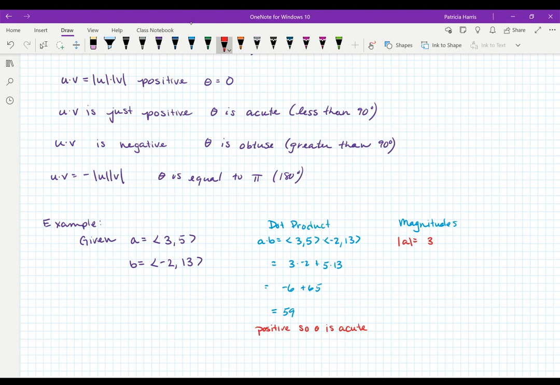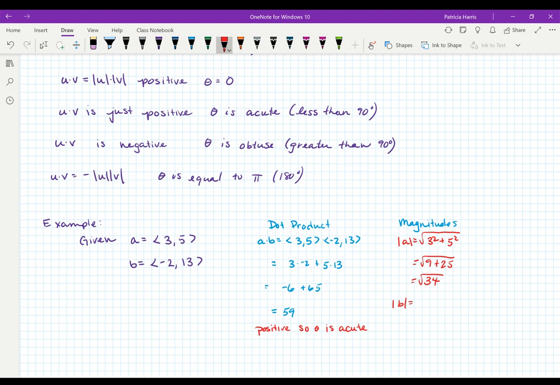Magnitude of A, 3 squared plus 5 squared. So that's 9 plus 25, 34. I can probably tell you right now that it's going to be acute.